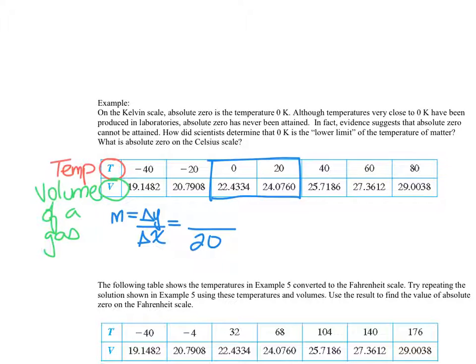The other one I think I need a calculator for. All right, so 1.6426.